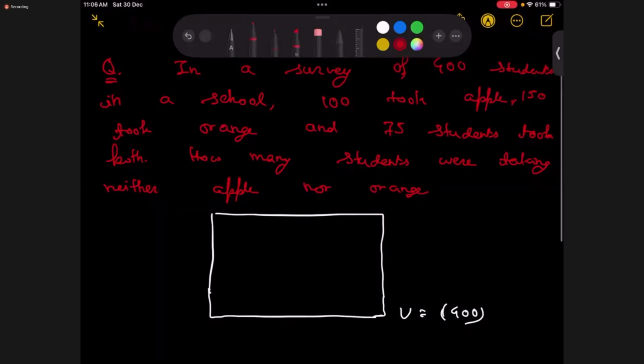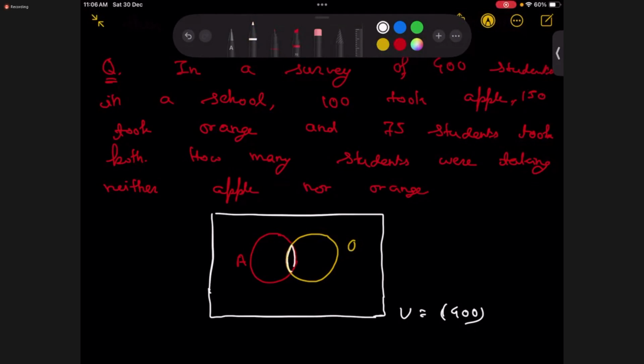So let us draw it: apple, orange, and it's like this. This is set A, and this one is set O, O for orange, A for apple, and the common section is this.